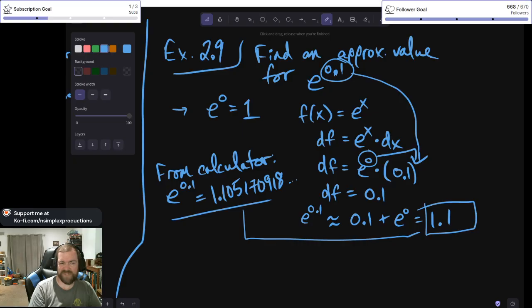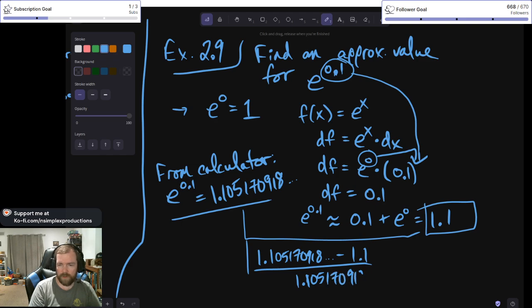So, is that good enough? Well, there's one way to find out. We plug this into our absolute value: 1.105170918, etc., minus 1.1, all divided by 1.105170918, etc. So we do parentheses, e to the 0.1, minus 1.1 over e to the 0.1.